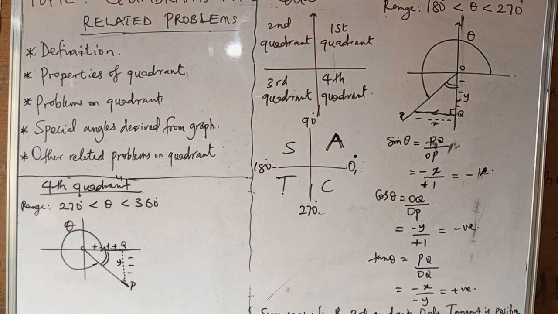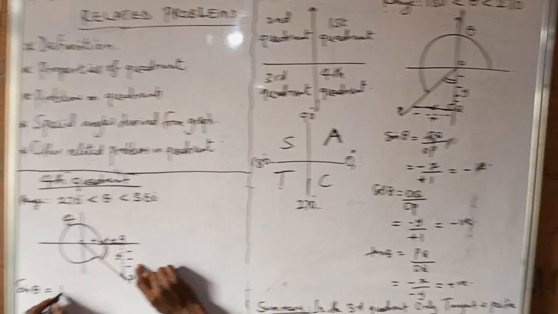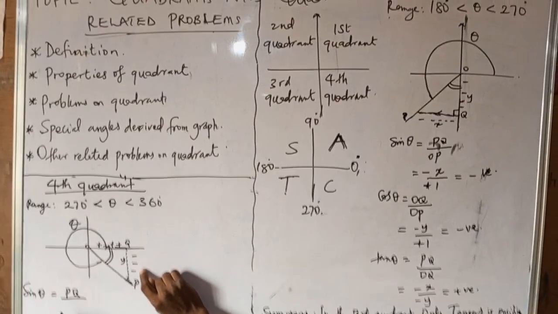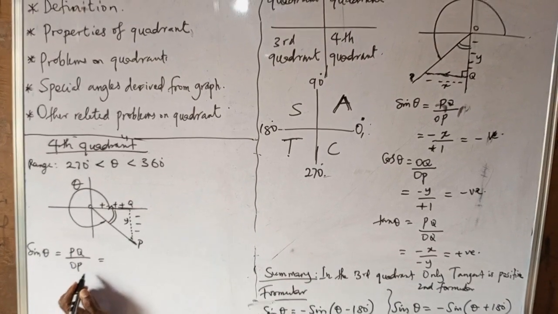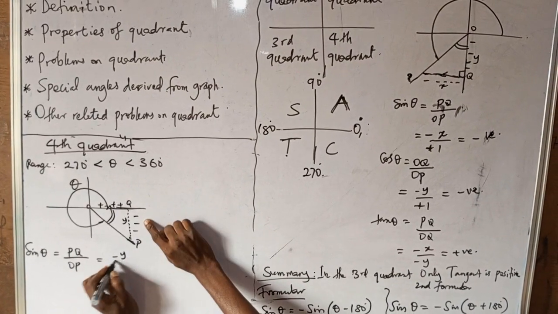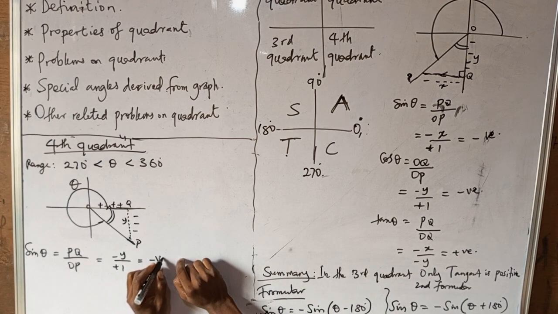Taking the three ratios, I have sine theta equals opposite, that's PQ over hypotenuse OP, which equals minus y over plus 1. That gives us negative.